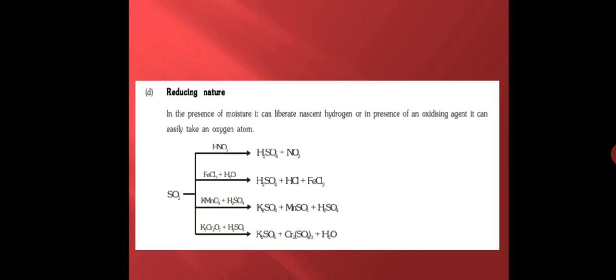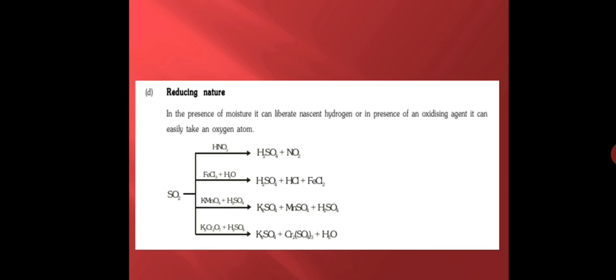The reaction involved is SO2 plus KMnO4 in presence of H2SO4 forms K2SO4 plus MnSO4 plus H2O, that is, acidic medium is required for this particular process. During the process, the +7 oxidation state of Mn gets converted to +2 oxidation state, that is why the color is discharged.